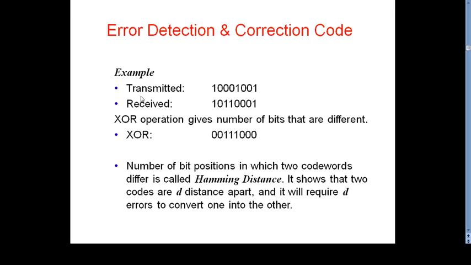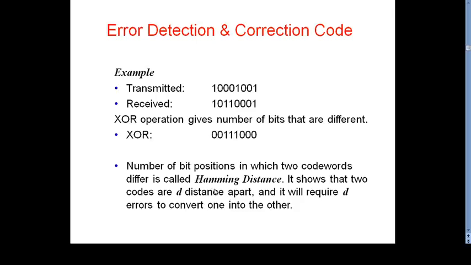Consider an example. The transmitted bits are 1000 1001 and the received bits are 1011 0001. If we perform the XOR operation, it gives the number of bits that are different. The number of bits in which two code words differ is called the Hamming distance.